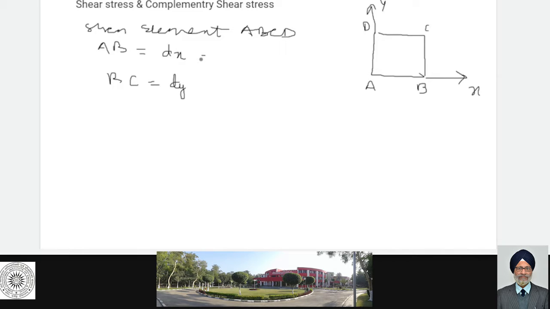So AB is equal to DC and BC is equal to AD.